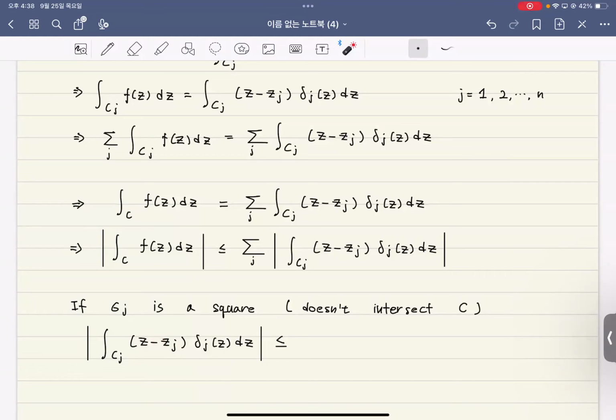This is my square sigma j, and my zj must be somewhere around here, and z is any point on this square. Therefore, the length between this guy and this guy should not exceed the diagonal of this square, right?